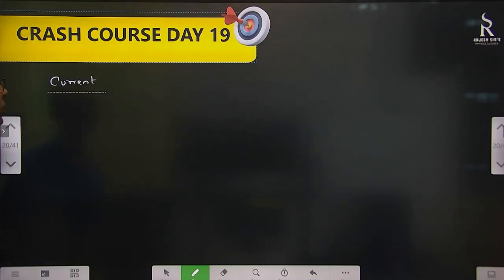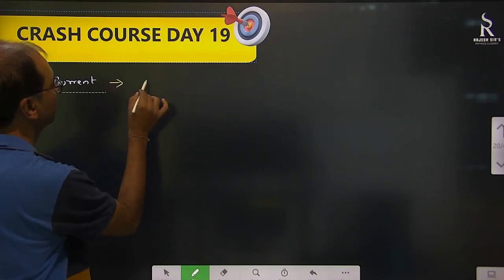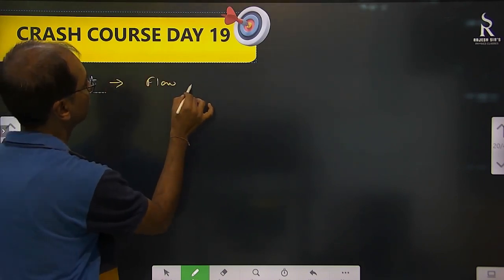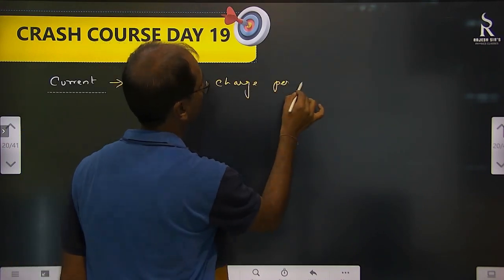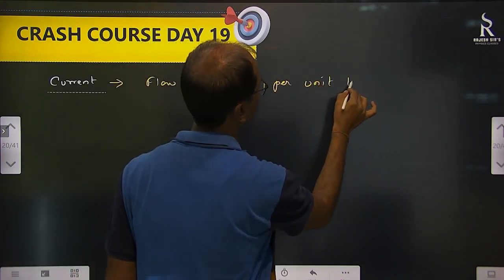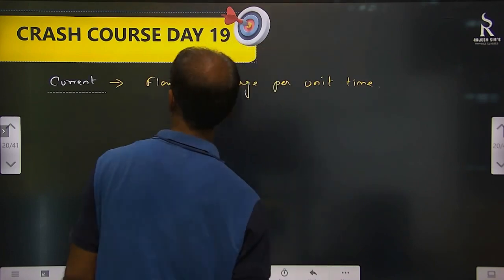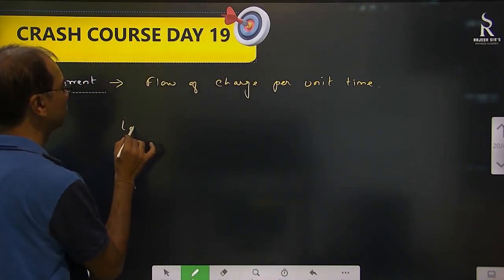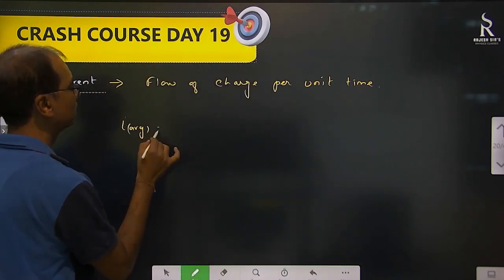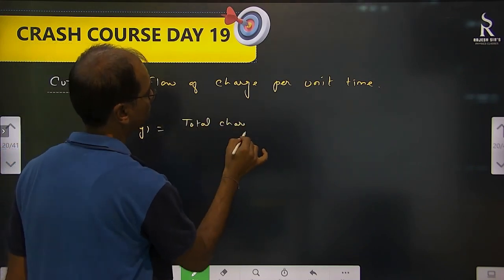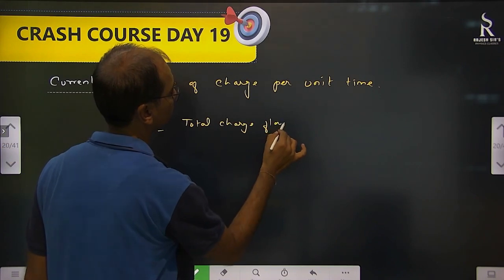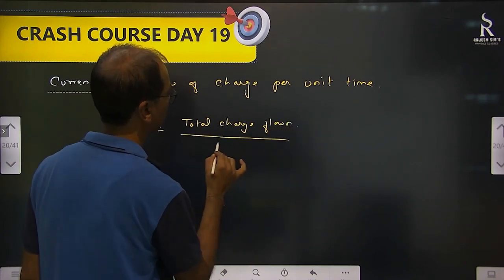Current. What is current? Flow of charge per unit time. Two types of current we can have. I average, we can say total charge flown in total time, that is Q by t.